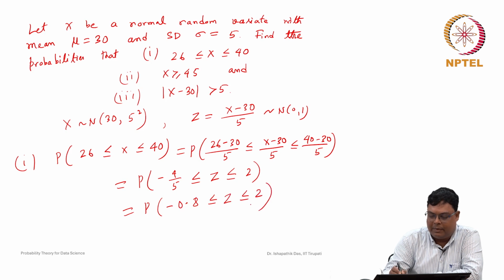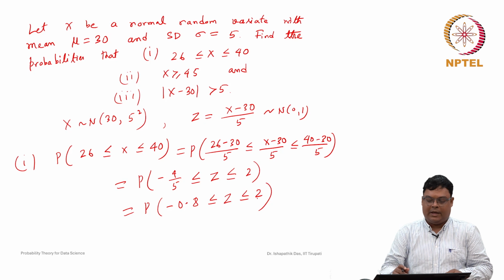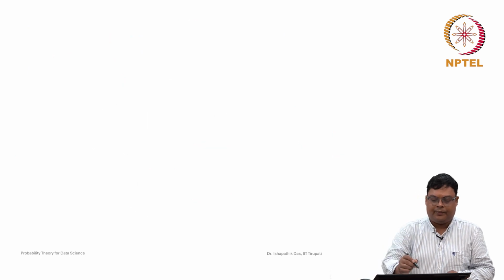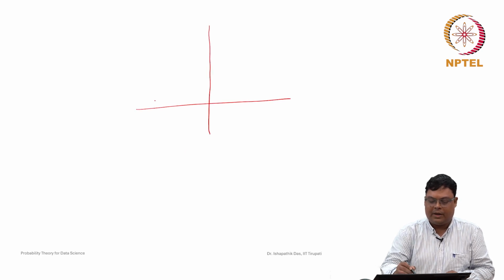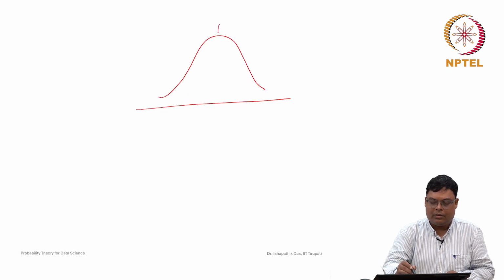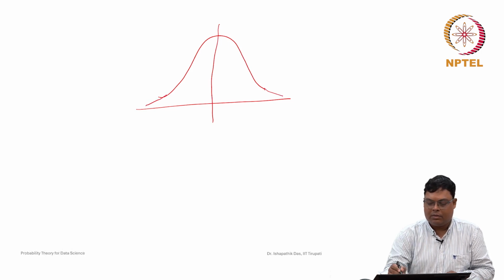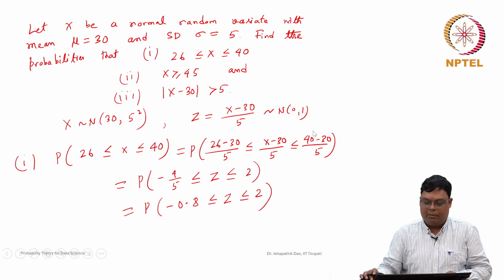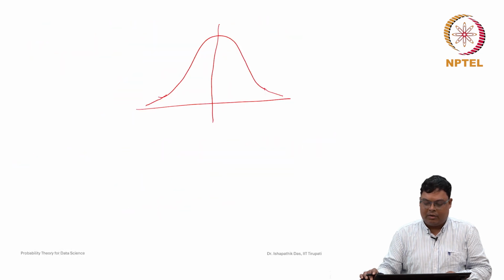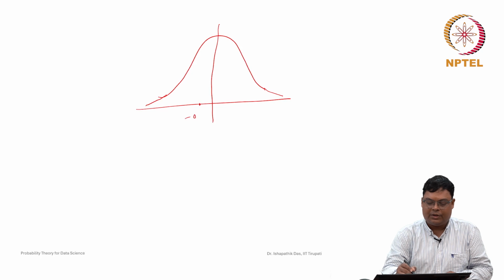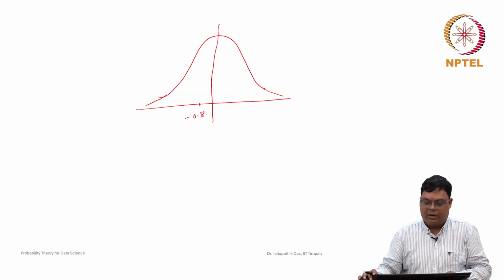So, how will we find this value? Finally, we have a normal distribution. Suppose we are considering the standard normal variate. Now we want to find the probability that z is greater than or equal to minus 0.8 and also less than or equal to 2.